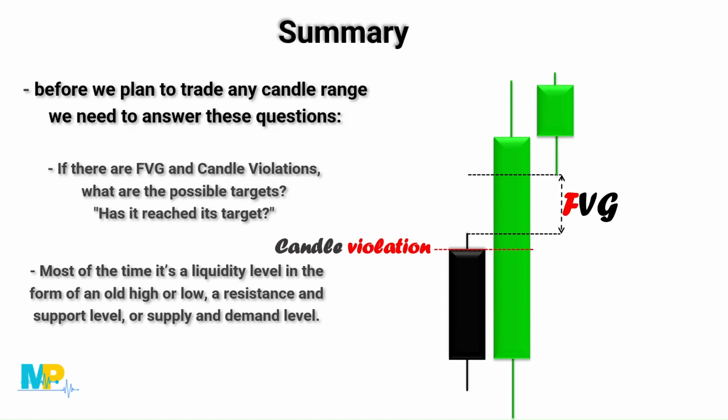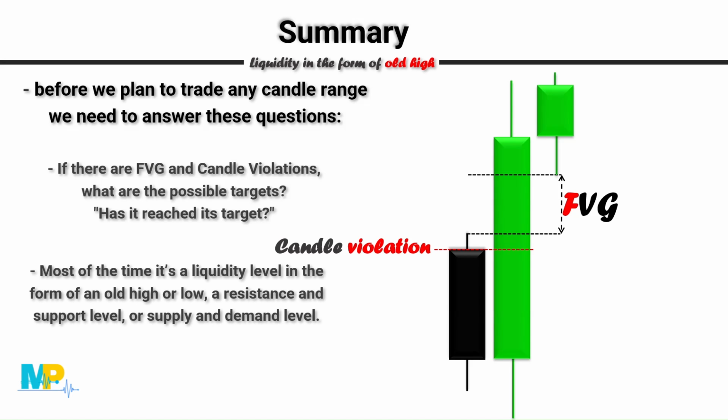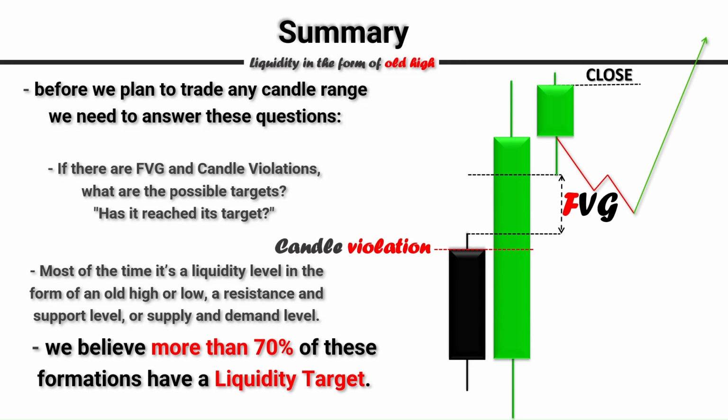Most of the time, it's a liquidity level in the form of an old high or low, a resistance and support level, or supply and demand level. Imagine a candle's range. The next candle forms as the opposite colored candle, violates the previous candle, and closes at this level. We believe more than 70% of these formations have a liquidity target.